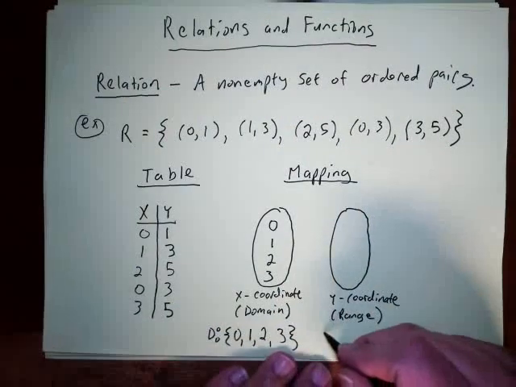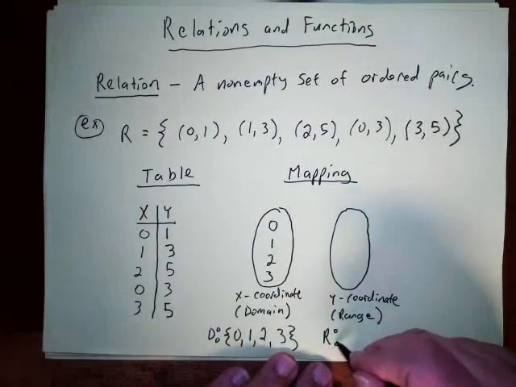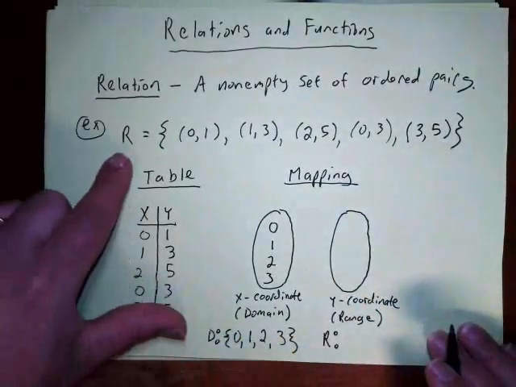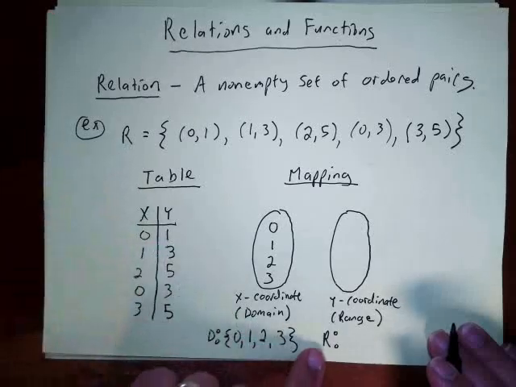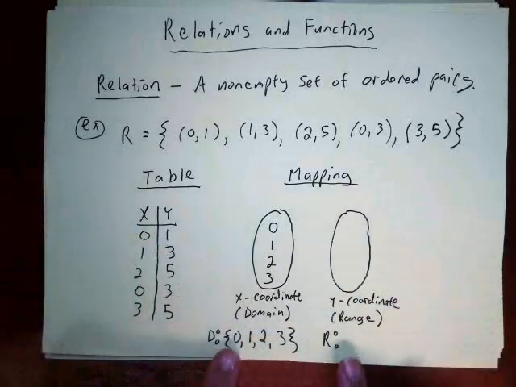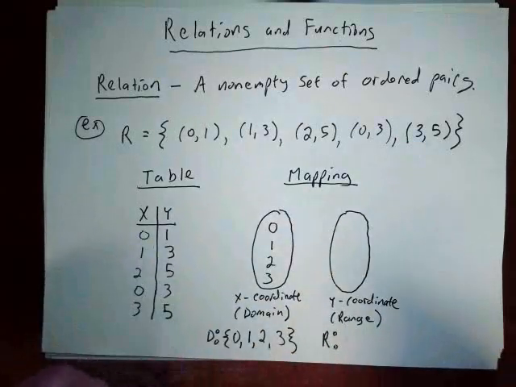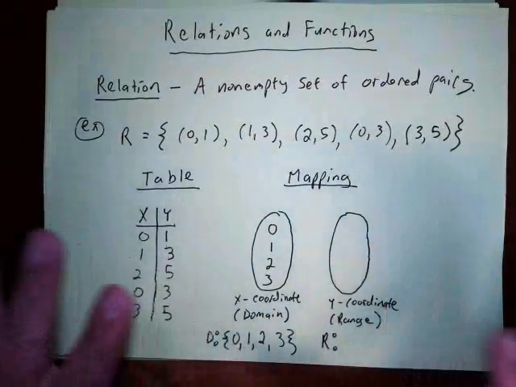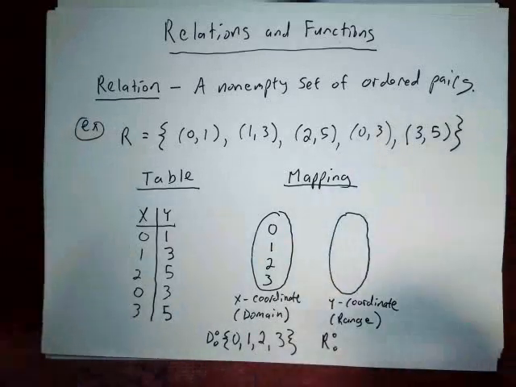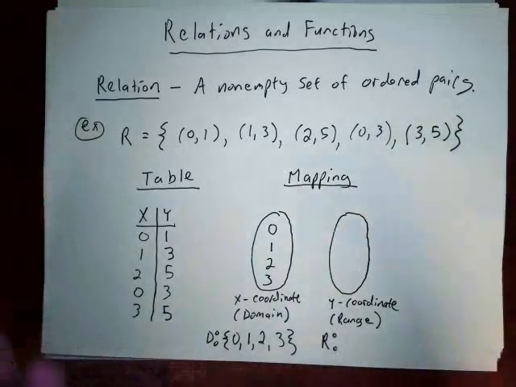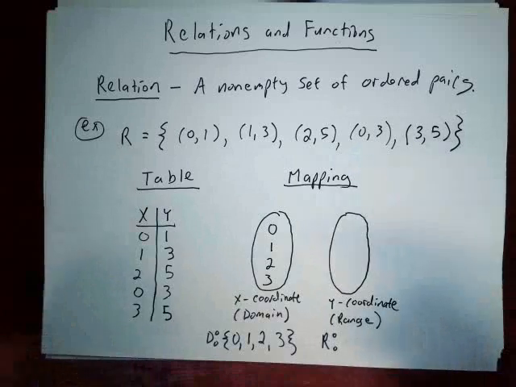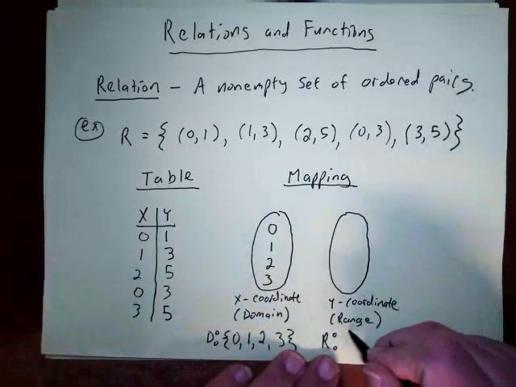And now the range of the relation R, and I don't want to confuse it with this here, but when I state the domain and the range, I'm already saying function, aren't I? I think I said function, and this we're going to see in a minute is actually not a function. So the domain and range of the relation is a lot like the domain and range of a function.